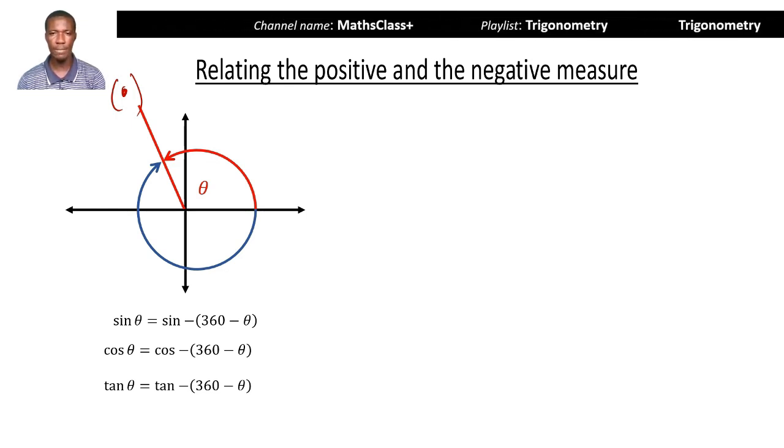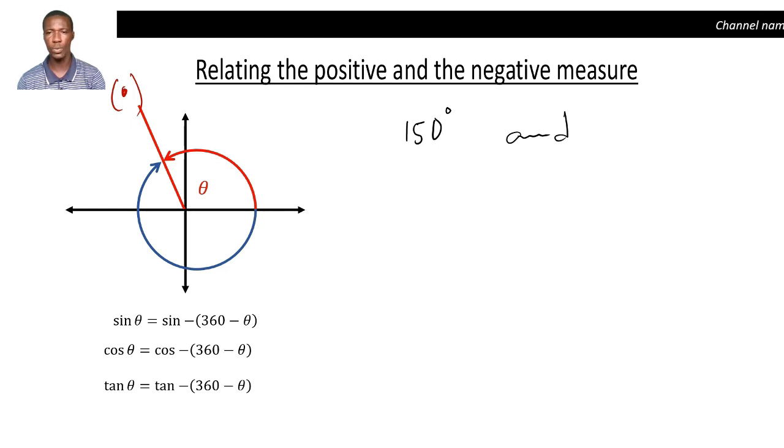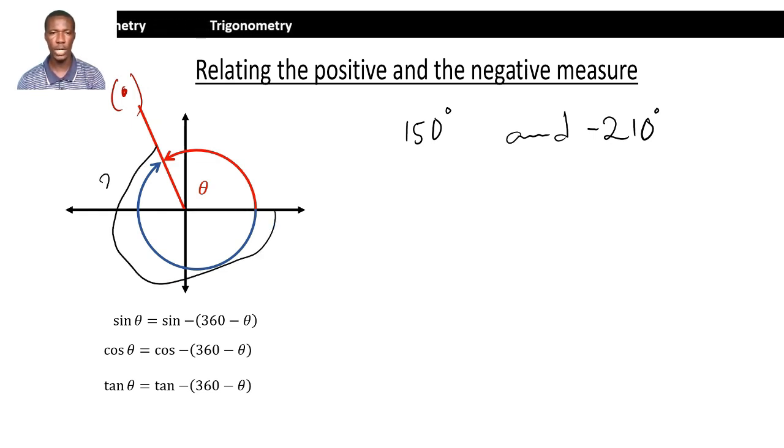For instance, if I have the angle 150 degrees, and then I have another angle 210 degrees, which is negative, then from here to here is 210 negative, and from here to here is 150 positive.